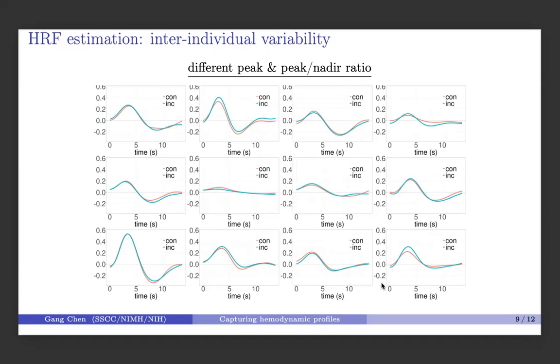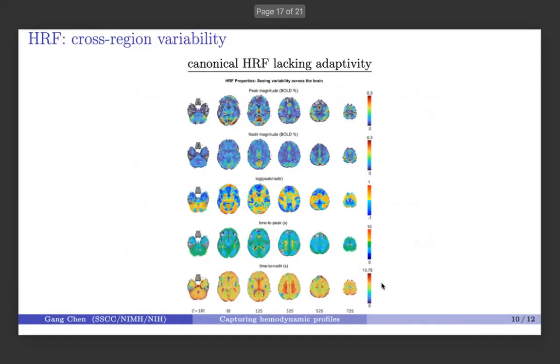So that's inter-individual variability. This is cross-region variability. Here we show five different hemodynamic response features. The first one is the overall peak magnitude. You can see, of course, globally across different brain regions, the magnitude is different. Well, that's understandable.